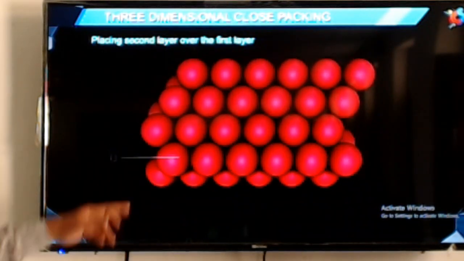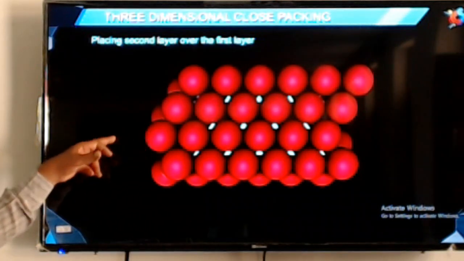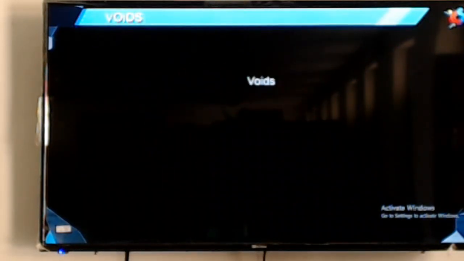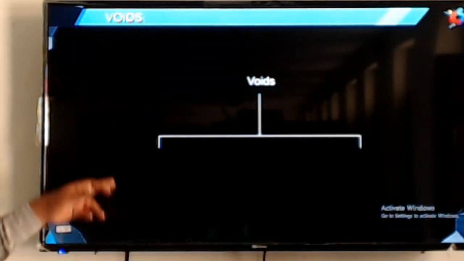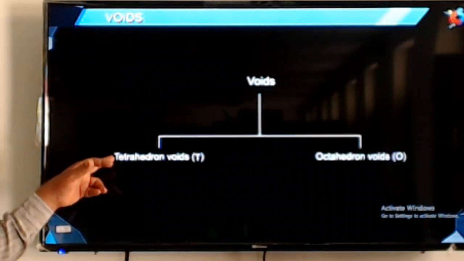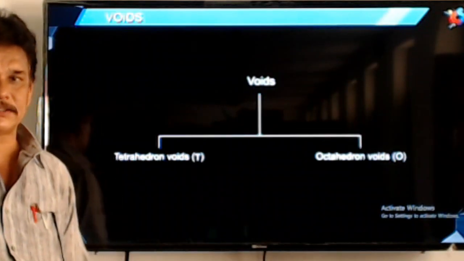Okay, so this is layer A, this is layer B. Again, this is layer A. Here we get two types of voids, tetrahedral voids and octahedral voids. We have already discussed the types of voids that come here.